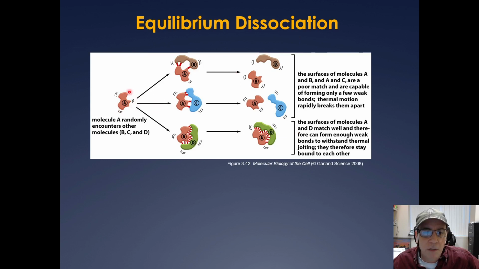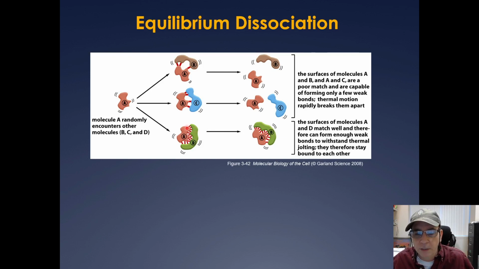Okay, so you can have a molecule A, and molecule A, once it's made, can randomly associate with other molecules like B, C, and D. And basically the number of non-covalent interactions that occur between A and whatever other molecule will determine how tightly that molecule is associated, right?